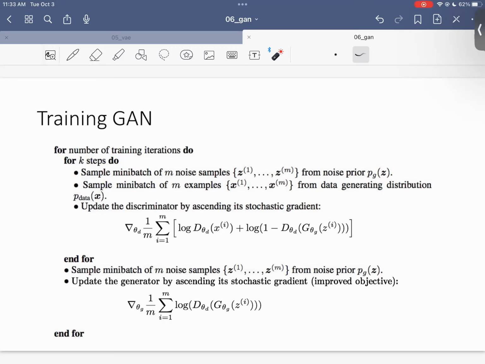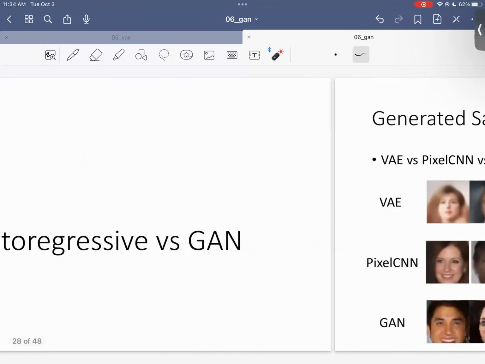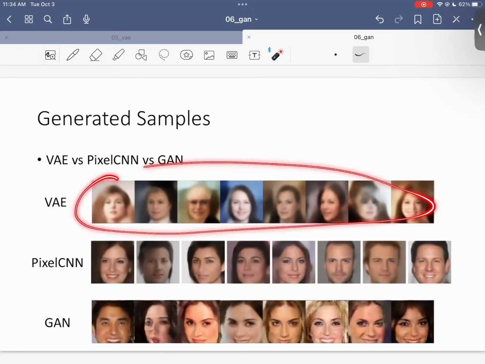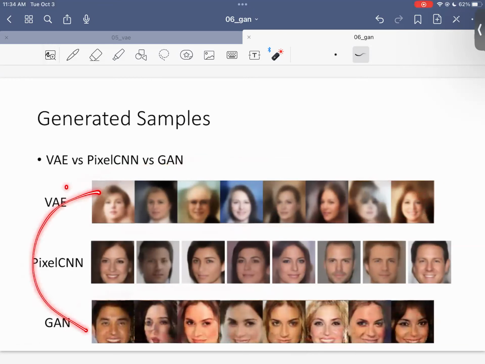Just a preview: VAE samples look like this, GAN samples look like this, and clearly the two are different. Because VAE is based on reconstruction loss. If you remember, it's a reconstruction loss plus the KL divergence regularization term.